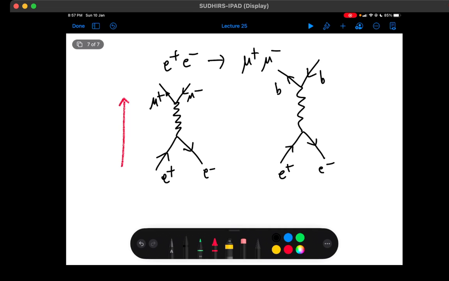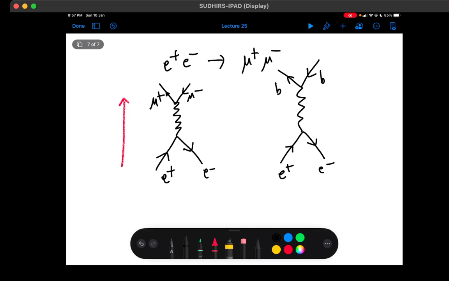Now the amplitude looks very similar, except for the mass of the B quark. If I take the energy of the exchange to be very high, I would expect that the masses of the final states don't really matter, because all the masses can be taken to be almost zero.